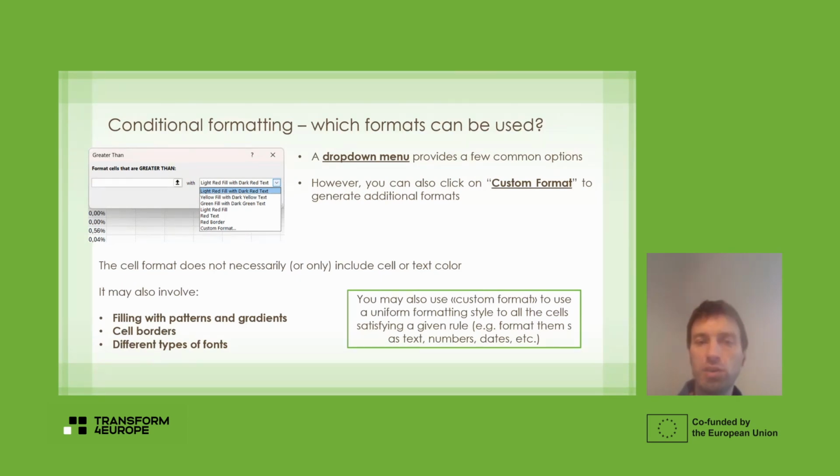You can add cell borders of different types. They can be continuous, they can be dashed, they can be dots, okay? And then you can also change the font. For example, you might want to highlight a text in a different font, or make it in bold, or in italic, or underline, strike through, okay, and so on, okay? And this might also be useful to apply a uniform formatting style to all the cells that satisfy a given condition of interest, okay?